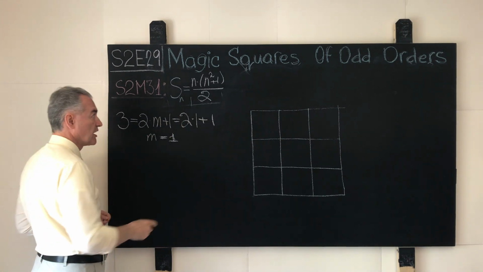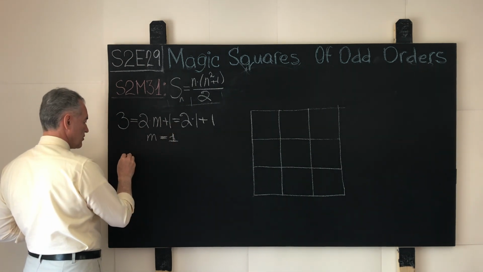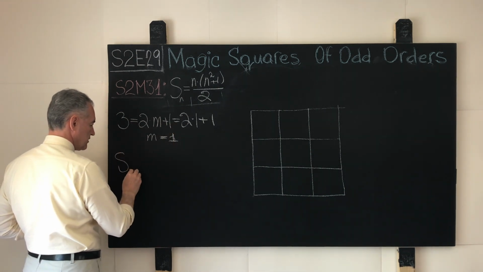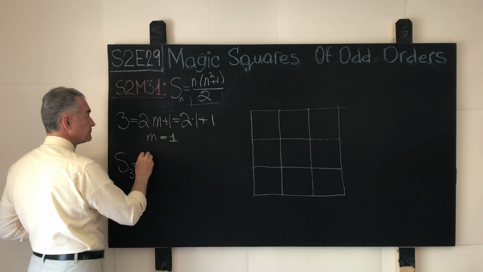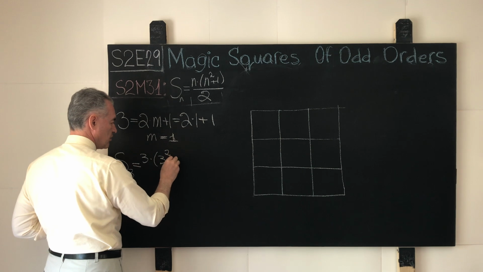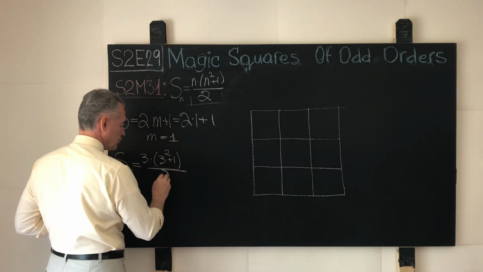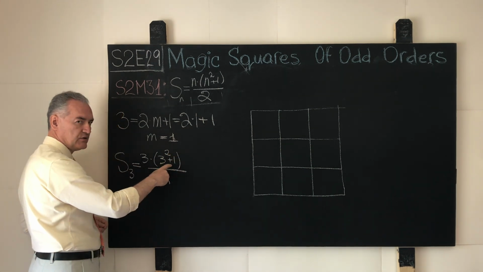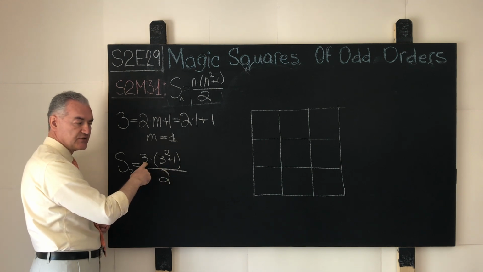What is the value of that constant? According to our formula that we deduced earlier, S3 will be what? 3 times (3 squared plus 1) over 2, 9 plus 1, 10 over 2, 5 times 3 is 15.